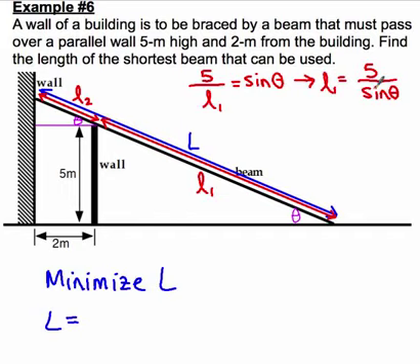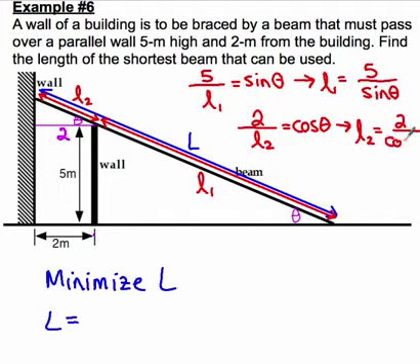In a similar way, I know that this 2 meters here is the same 2 meters up there. That's my adjacent side to this hypotenuse. And so I can now say that 2 over L2 is going to equal the cosine of theta, which leads me to L2 equals 2 over the cosine of theta.